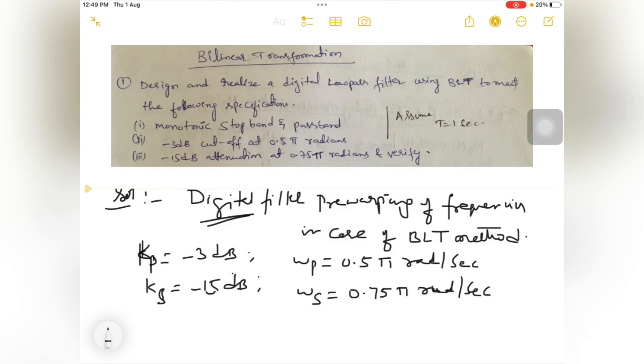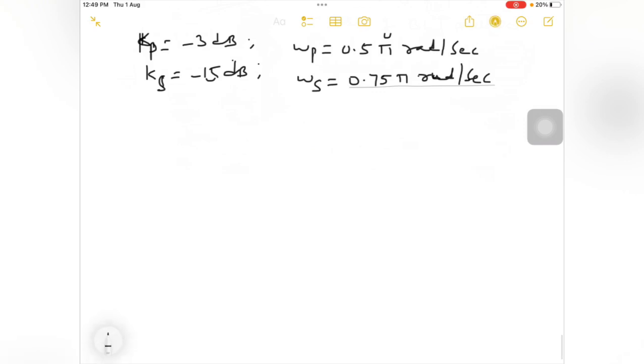This is the digital frequency. Now we cannot take this digital frequency directly for design of any analog filter, so therefore we do the pre-warping. So what is the formula for pre-warping? Conversion from digital frequency to analog frequency is called pre-warping.